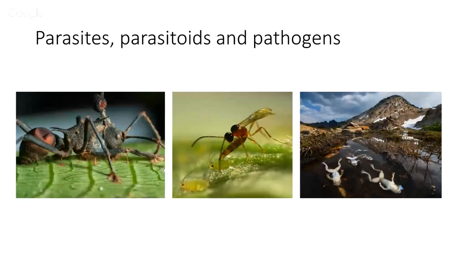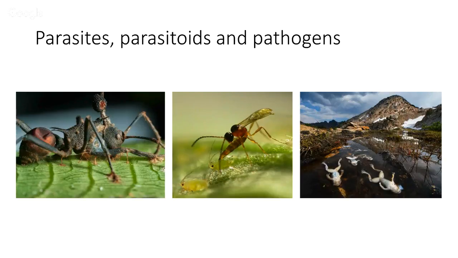This is a parasitic fungus that infects carpenter ants and changes their behavior so that they climb to the top of plants and clamp on with their jaws so that they hang, and then the fungus basically grows out of the head and drops onto its next unsuspecting victim.